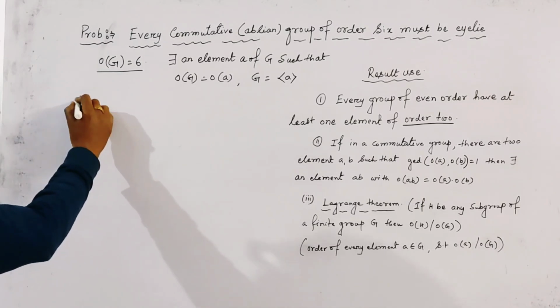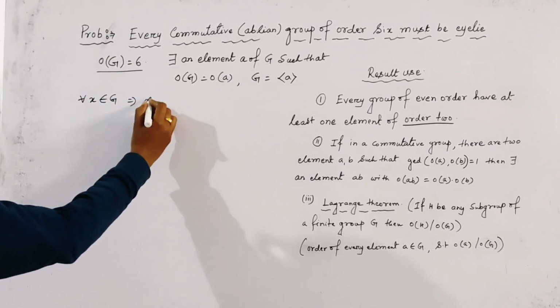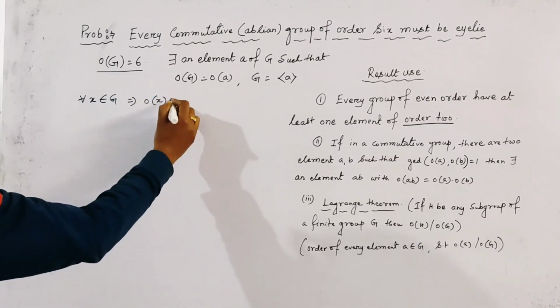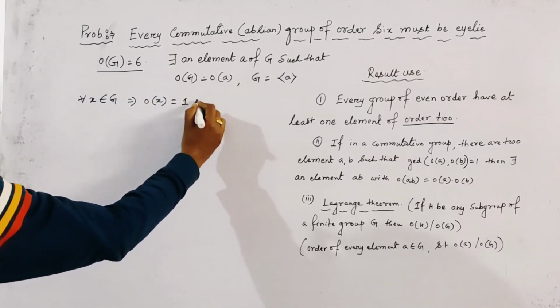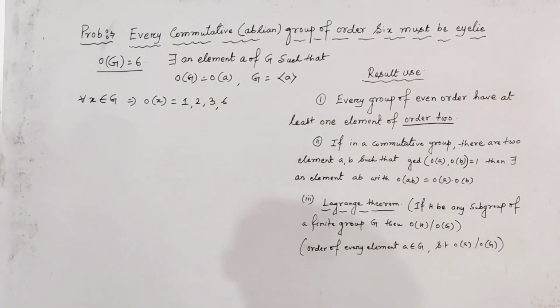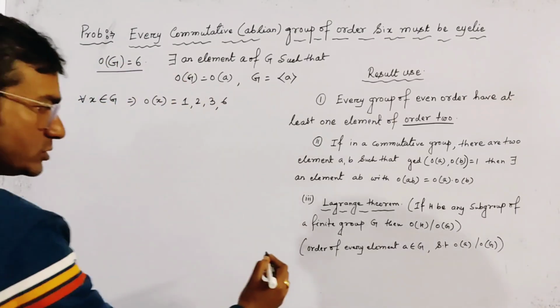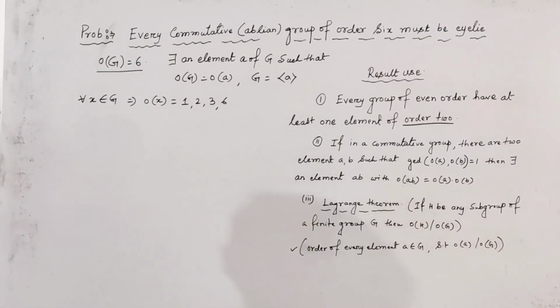So for all X belonging to G, the order of X is equal to 1, 2, 3 or 6, because these are the divisors of 6. We use this property.